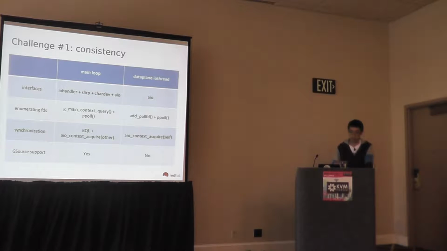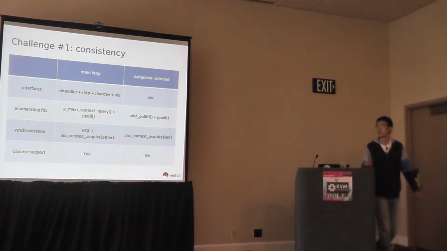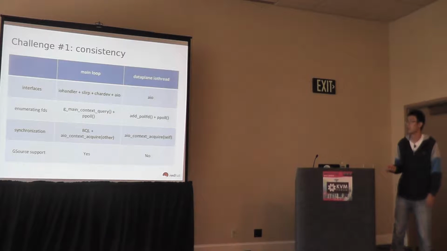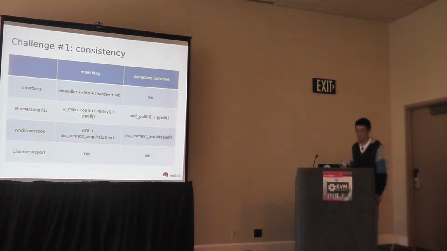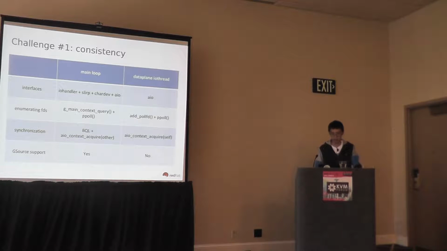And there are also some synchronization semantics that share basically the same idea. And the last line is GSource support. The main loop supports GSource so that it can be used by character devices, but with iothread, we are not very compatible with that interface.